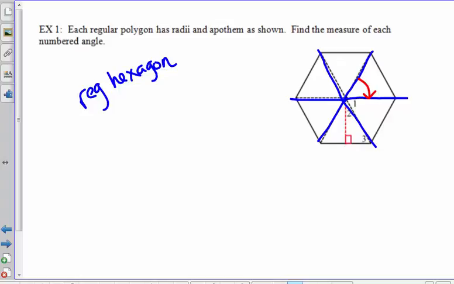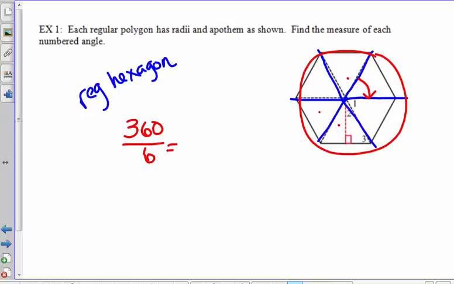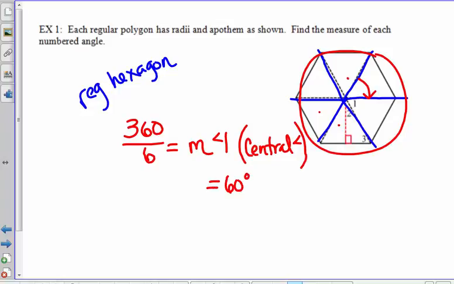Remember that this is sitting inside of a circle. So if I think about the number of angles, I have 1, 2, 3, 4, 5, 6 angles. So I can take 360 and divide by 6, and I find out that the measure of angle 1, which is also the central angle, is 60 degrees.